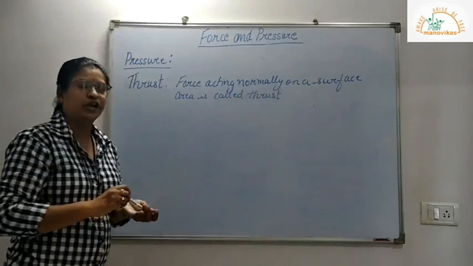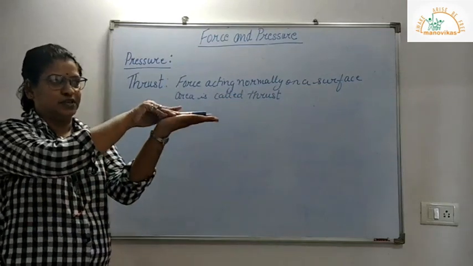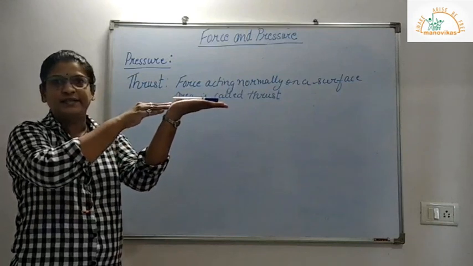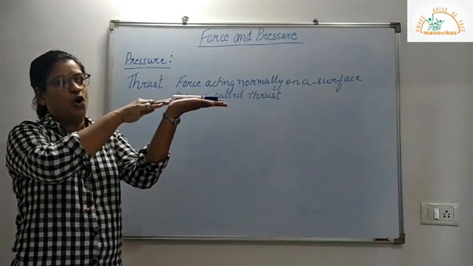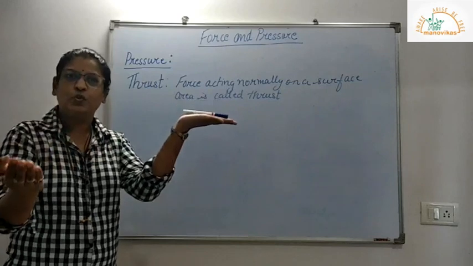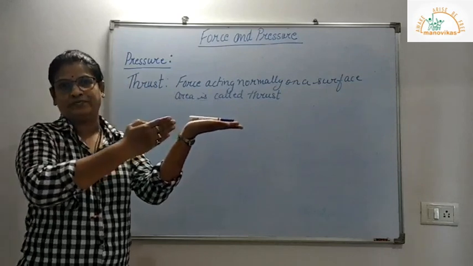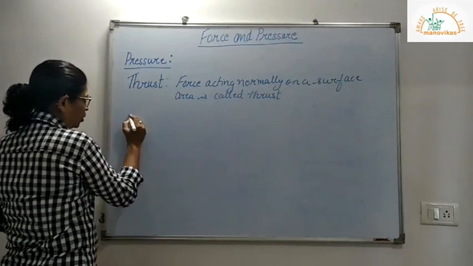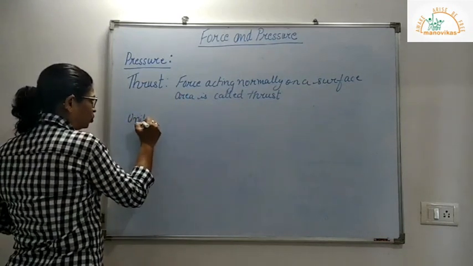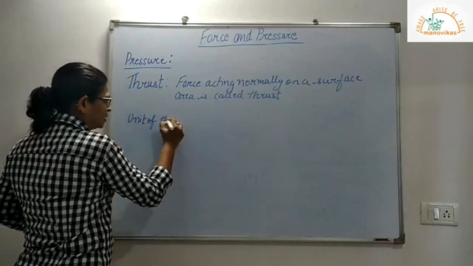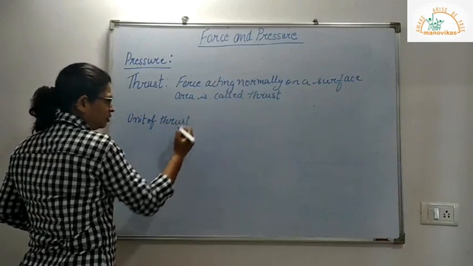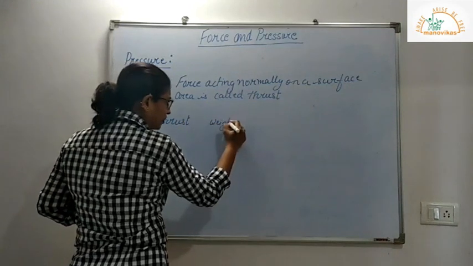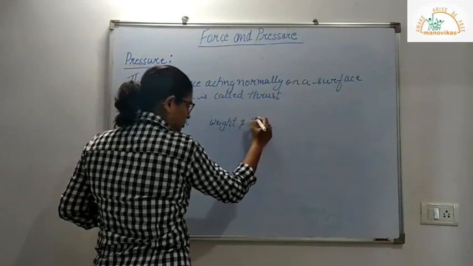Now, if an object is placed on a surface, it exerts a thrust on the surface which is equal to its own weight. So the unit of thrust is similar to the unit of weight and force.